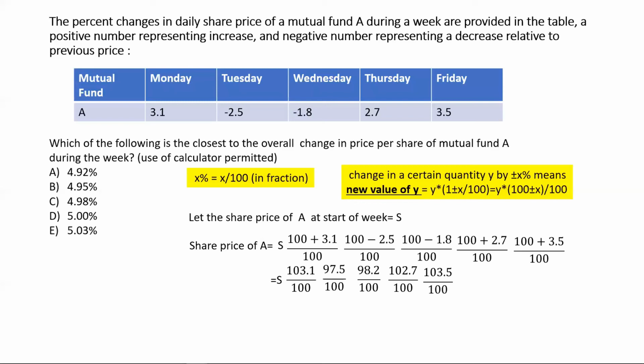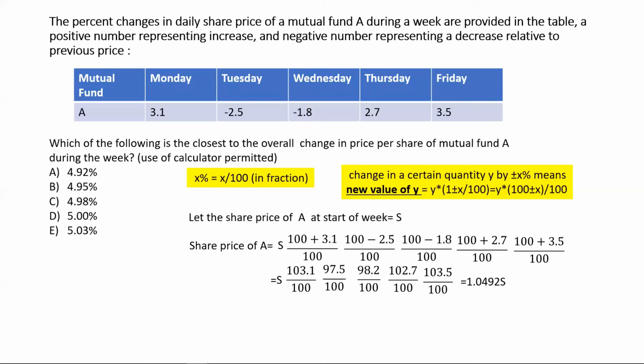And now we can take our calculators out. We can basically do this multiplication, and the decimal number that we get is 1.0492S. So the share price of A at the end of the week, at the end of Friday, was 1.0492S.